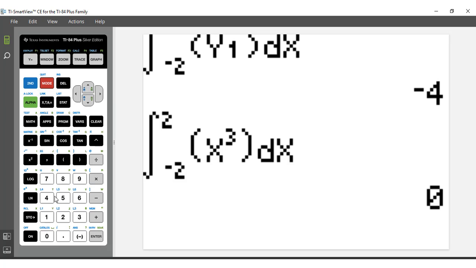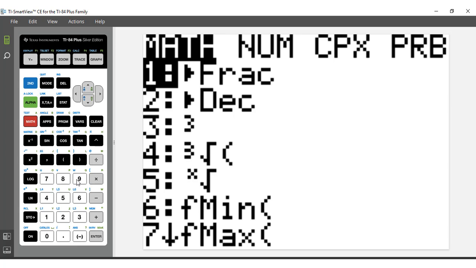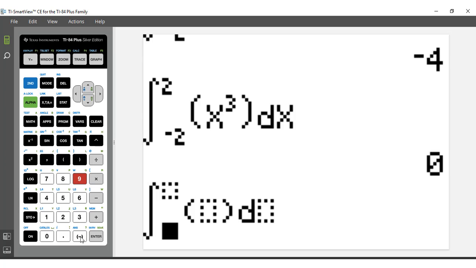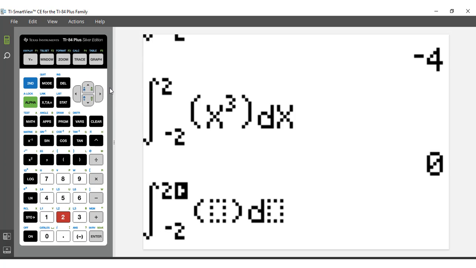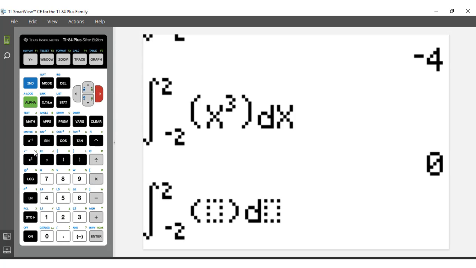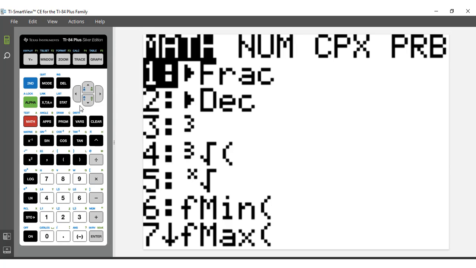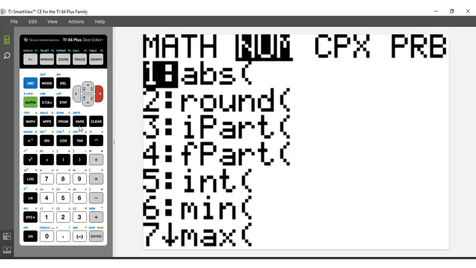If you want to get the total area under the curve, you need to put in the absolute value. Therefore, I will do Math 9, -2, 2. Here, I will go to Math, Num.